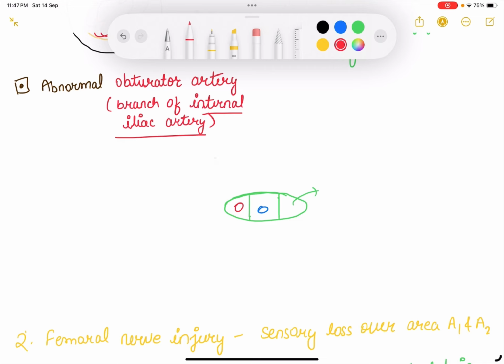So now, if this is our inferior epigastric artery, okay, it gives a pubic branch. Then we also have our normal obturator artery, and it gives a pubic branch. So these two branches anastomose with each other. But sometimes what happens is that this anastomosis is too large, and because it is too large, it seems that this obturator artery is branch of this inferior epigastric artery.